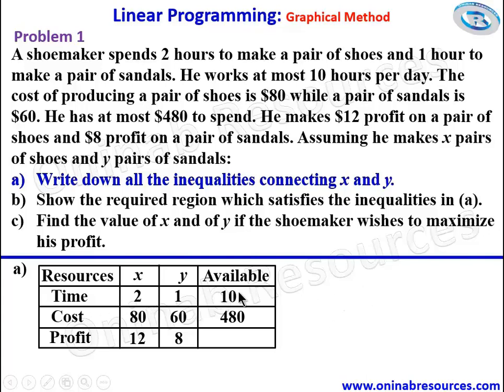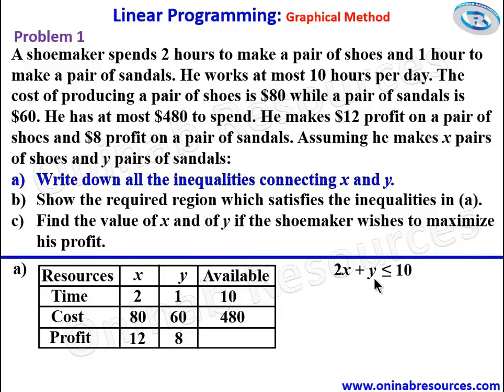Then we use this table now to create our inequalities connecting X and Y. Since he's to make X pairs of shoes, the total time that will be taken will be X times 2, so we have it as 2X. And since he's making Y pairs of sandals and the time is an hour, we are going to have 1 times Y, which is Y, so we have plus Y, and this is less than or equal to 10.